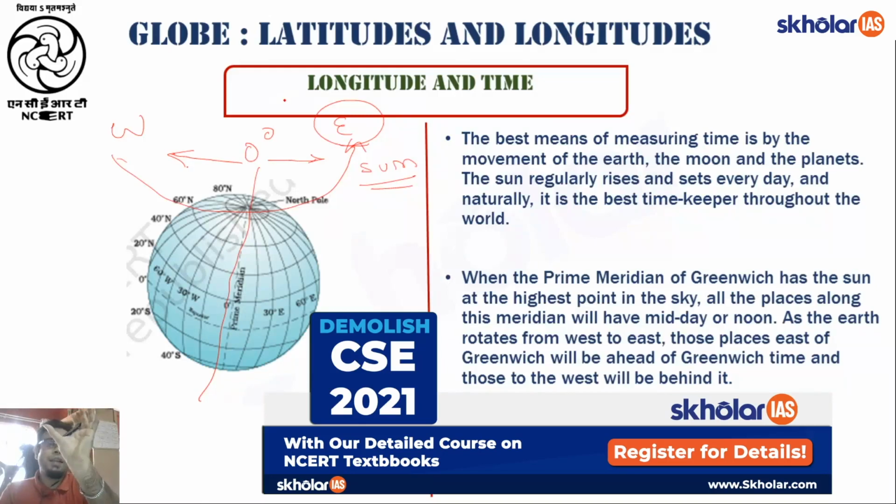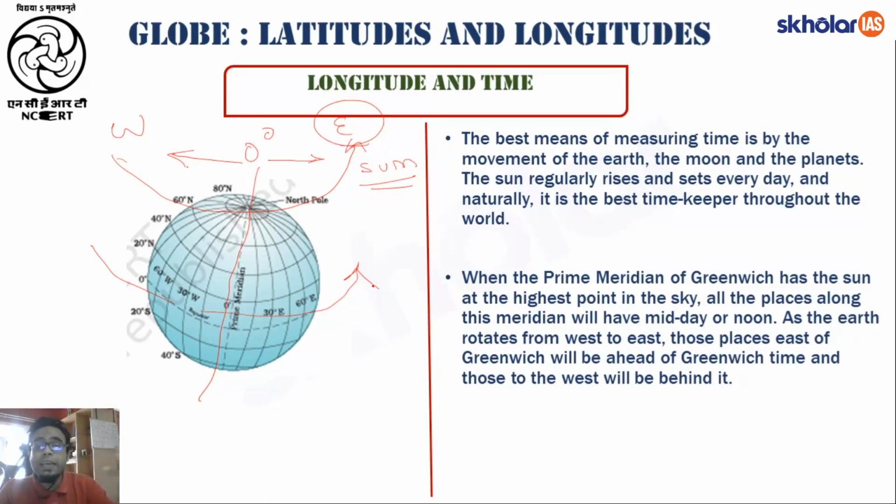Because as the earth is rotating from west towards east, the places to the east of the prime meridian will see sunrise earlier. Understood this? Therefore, all the places found to the east of Greenwich will be ahead, and the places found to the west will be behind.